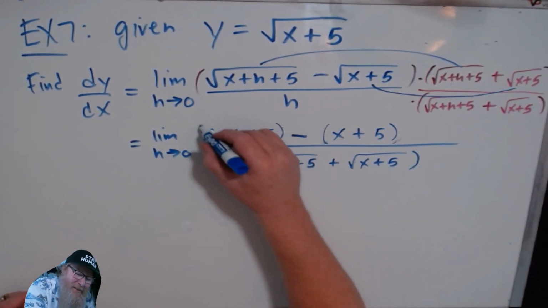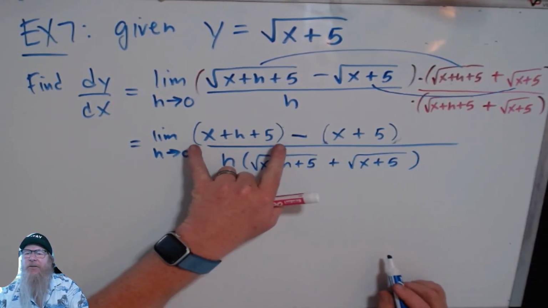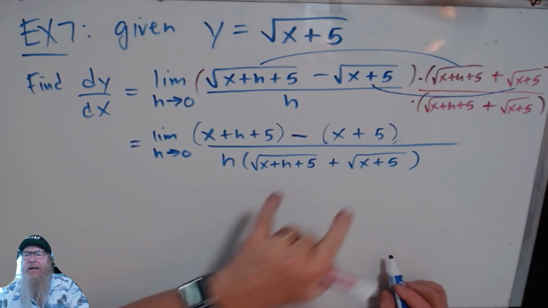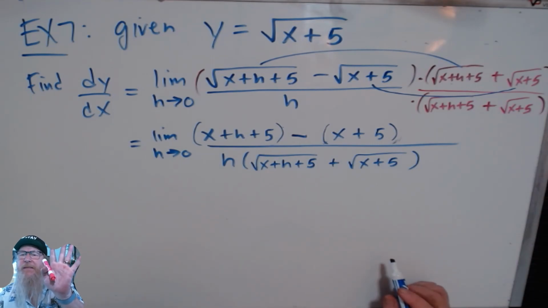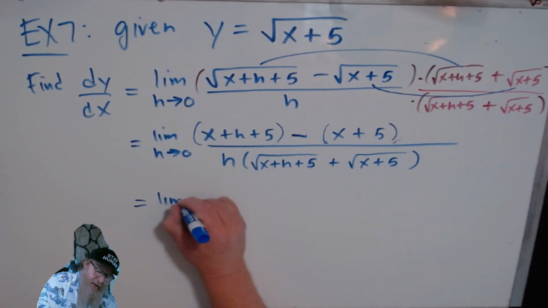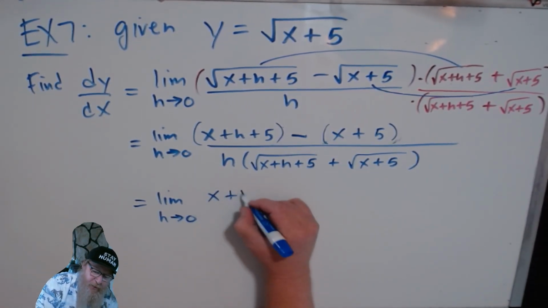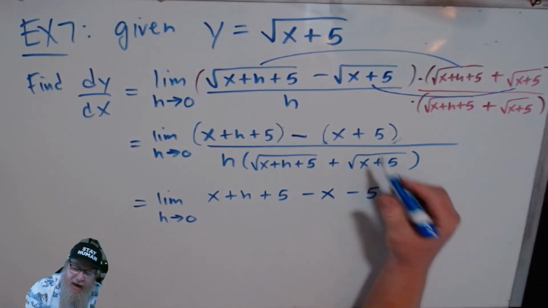Technically, there are parentheses here as well. These are called non-essential, the ones on the left. If I remove them, there's nothing wrong with the answer. The ones on the right are essential. If I remove those parentheses incorrectly, it would be wrong. At this point, I'm just going to remove all the parentheses. So I have x plus h plus 5 minus x minus 5.